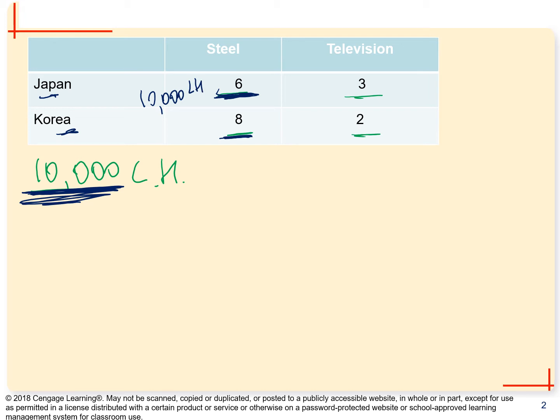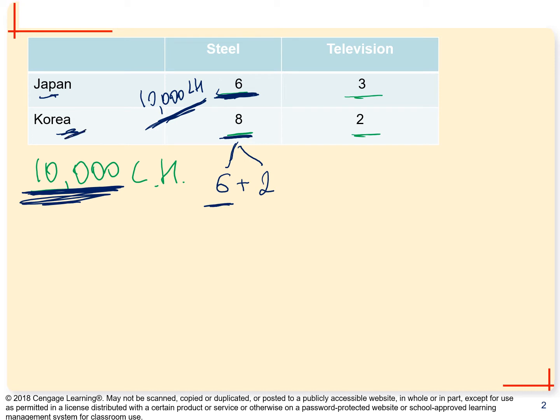I'm going to take Korea's production of units of steel and I'm going to say Korea is producing 6 units of steel plus 2 units of steel and it's going to be equal to 8. Just think about it. When Korea is going to produce these 6 units of steel, okay, Japan produced 6 units of steel and spent 10,000 labor hours.